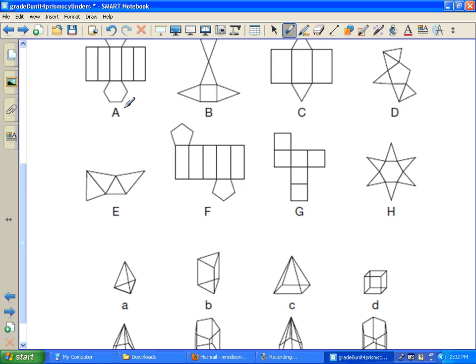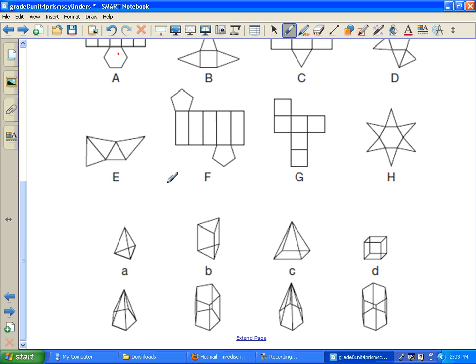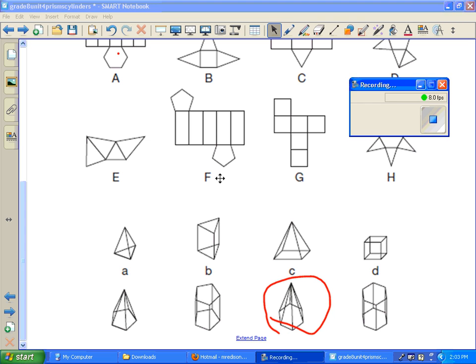So let's take this one right here and match it up with one down here. We've got 2 bases that are hexagons. If we match that hexagon up with something that has a hexagon base down here, or 6 sides, you'll notice that this one here is the only one with 6 sides.